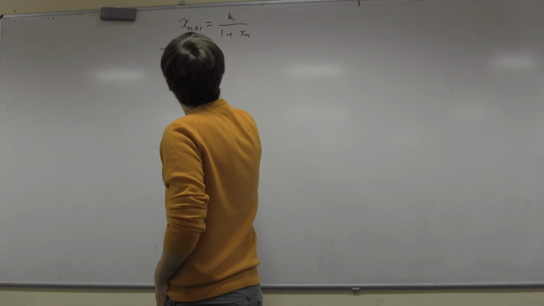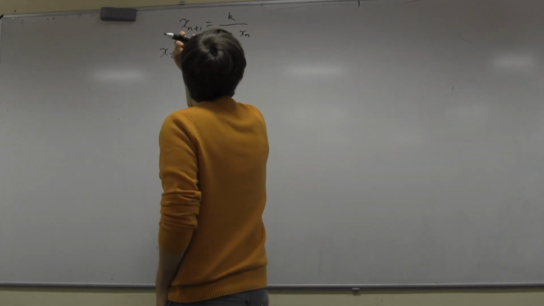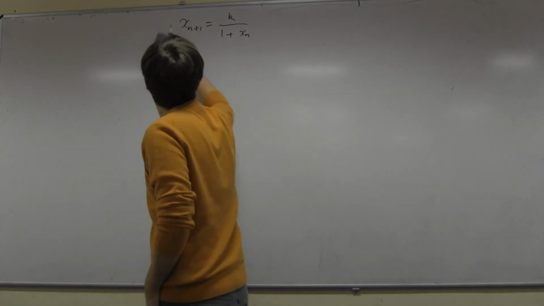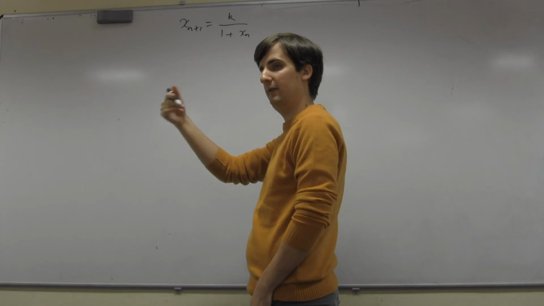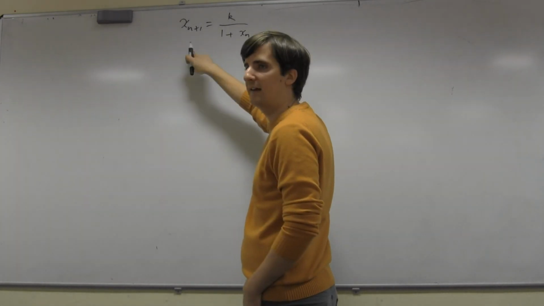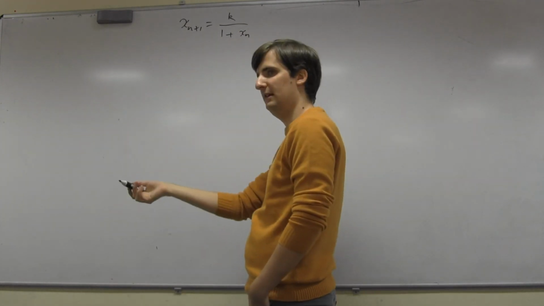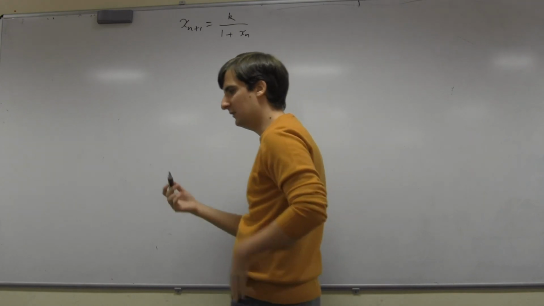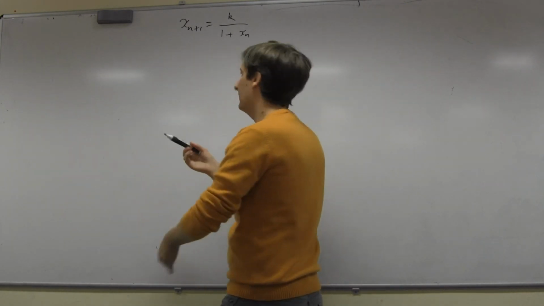So x2n is x on the even values, right? So it makes sense to start by looking at xn plus 2. If xn plus 2 is a function of xn, then that's how you get from one even point to another even point. Maybe that will tell us something.